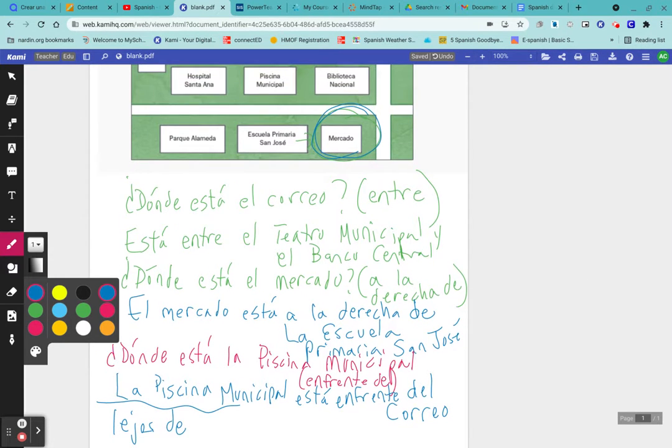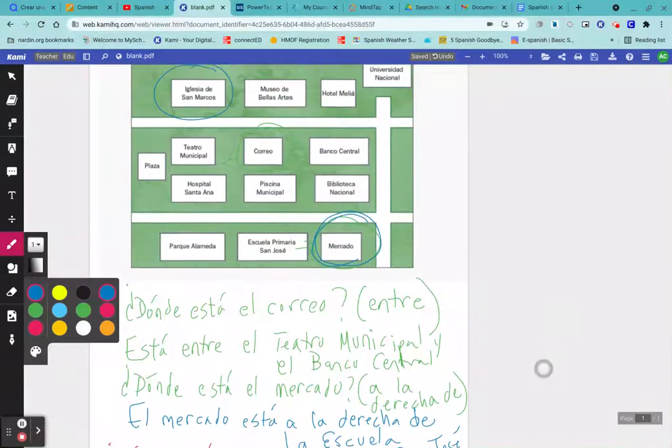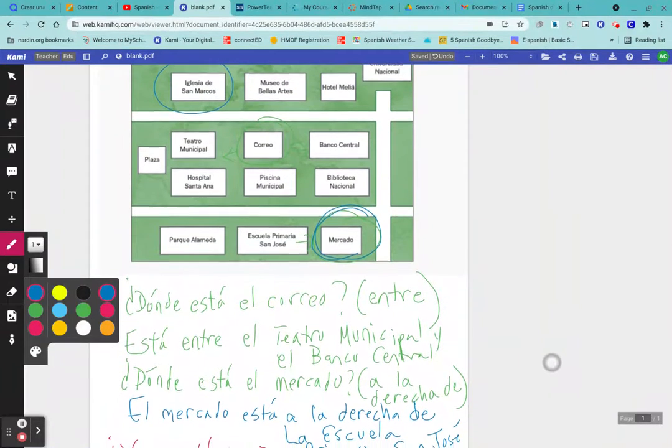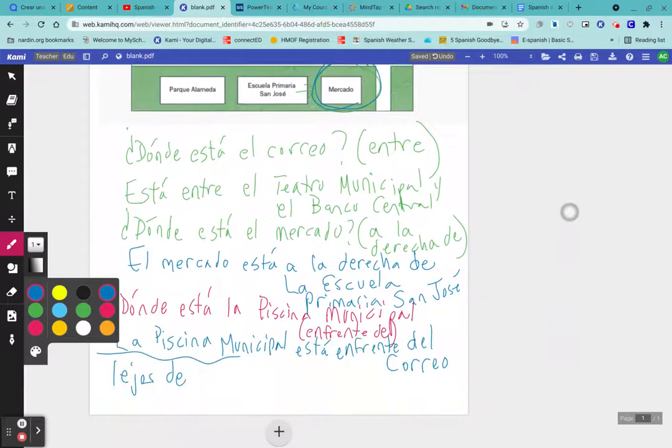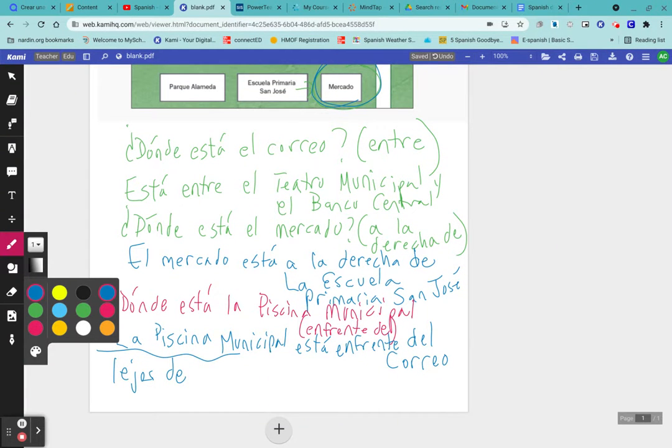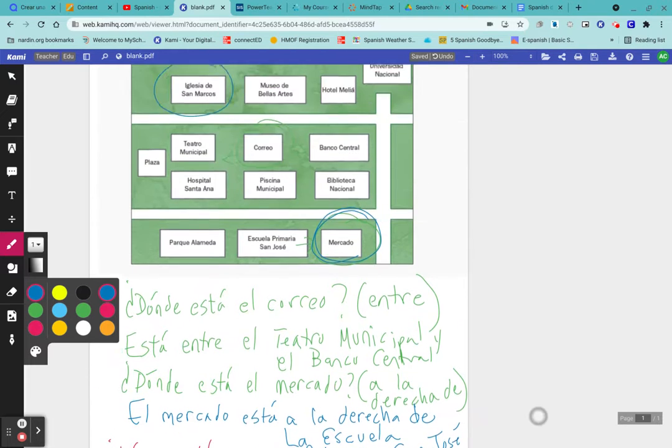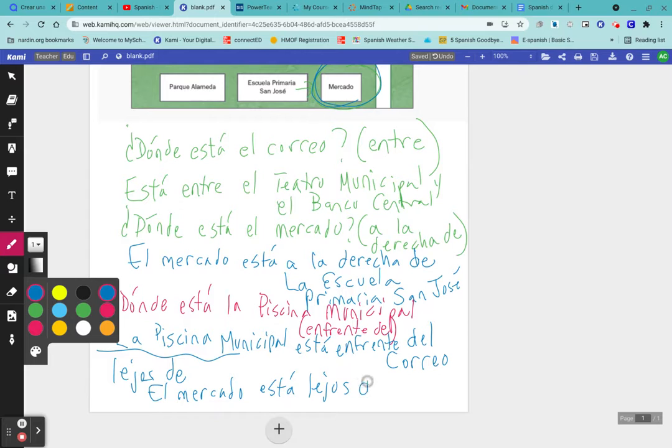We want to say that the mercado is lejos de la Iglesia de San Marcos. So we would say el mercado está, because that's location, lejos, and then la Iglesia de San Marcos, because we have that de.